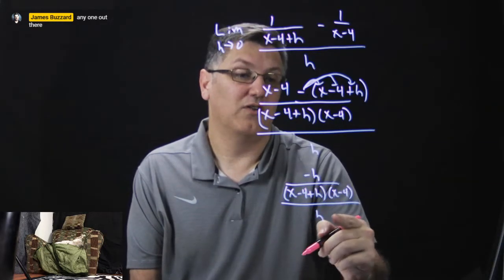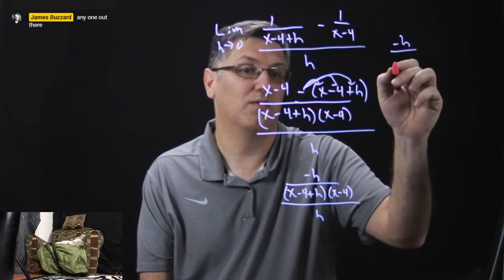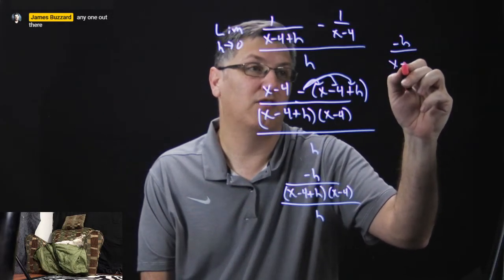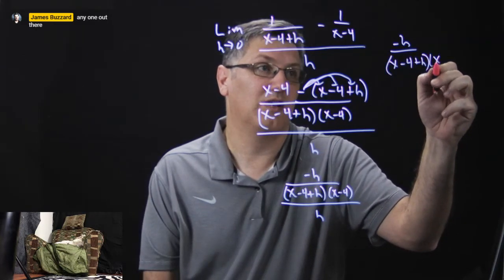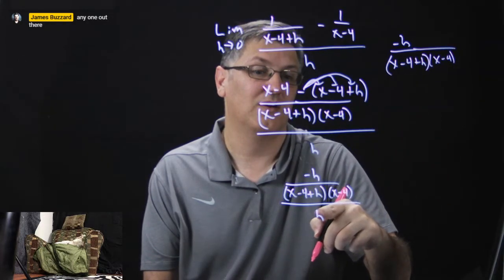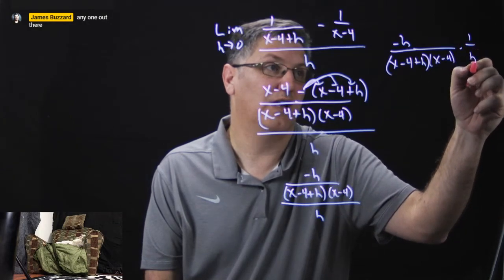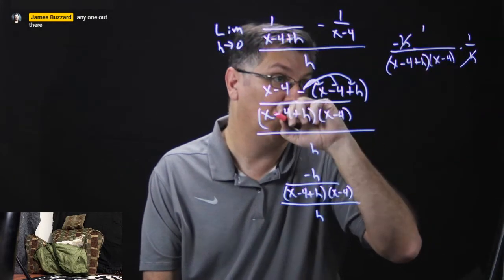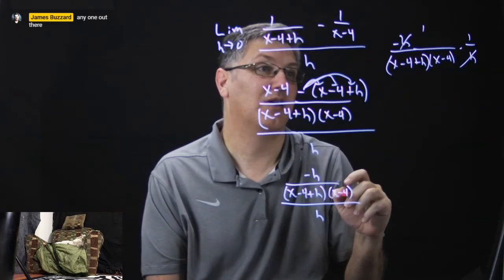All right, well, this really means negative h over x minus 4 plus h times x minus 4, trying to avoid having to distribute this out, times 1 over h. My h is canceled, it gives me a 1. I'm going to have to distribute it out.